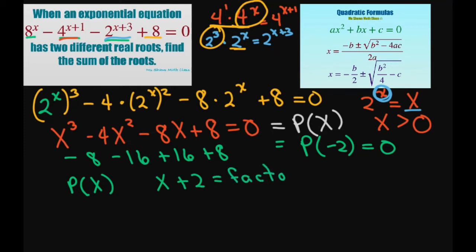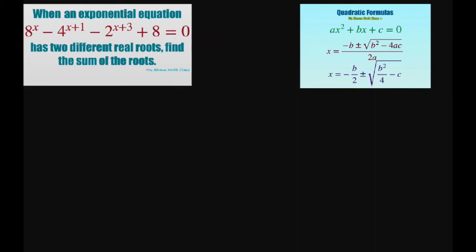So let's use synthetic division and simplify this. If it's X plus 2, then you set that to 0 and get X equals negative 2. So you put negative 2 here, and then you copy down your coefficients, which are 1, negative 4, negative 8, and 8.